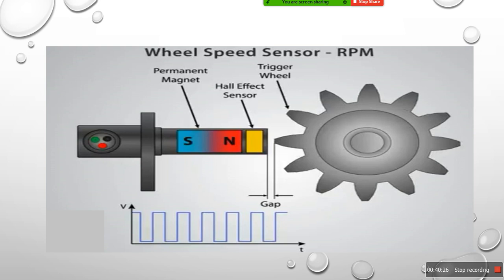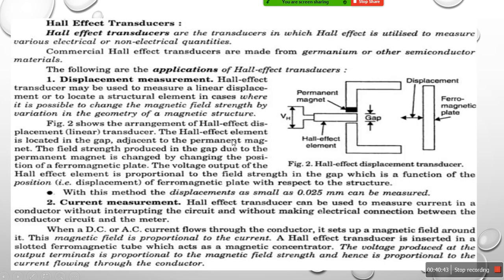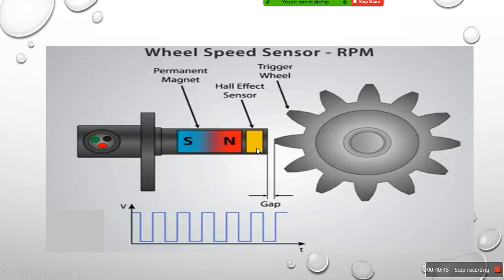So this trigger wheel will start rotating whenever this Hall effect sensor is able to acquire the electric field generated by the supply here. When this Hall effect sensor generates the charge carriers or the current, the wheel is able to rotate.